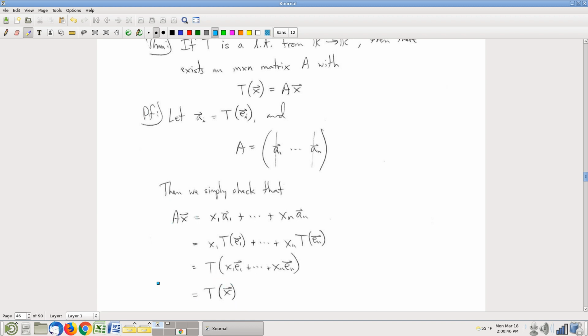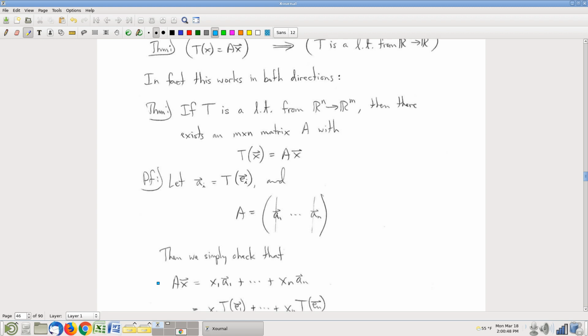And again, a kind of surprising result: linear transformations from Rn to Rm are exactly matrix functions. Every one of these is one of those, and every one of those is one of these. Let me take a quick pause for questions. Anybody have any questions about this? Okay. All right.